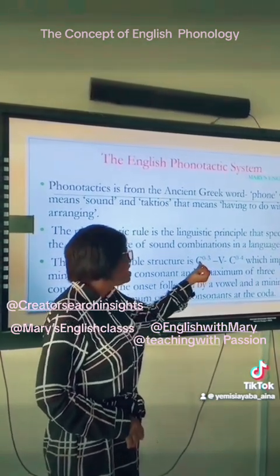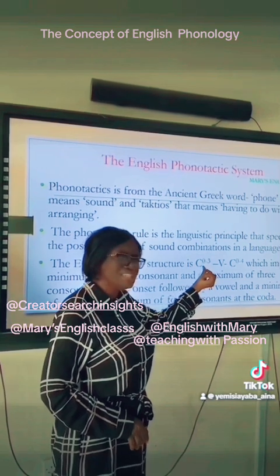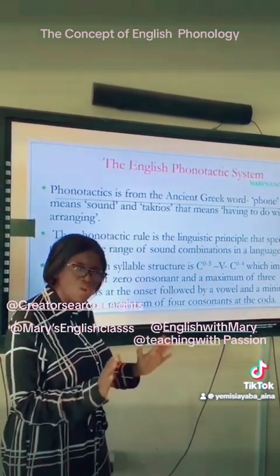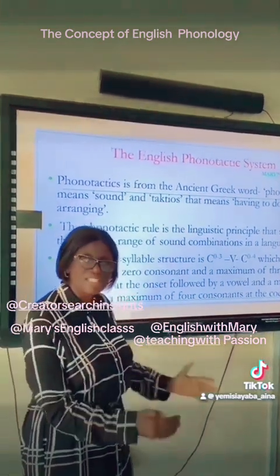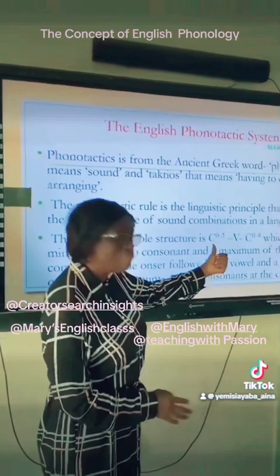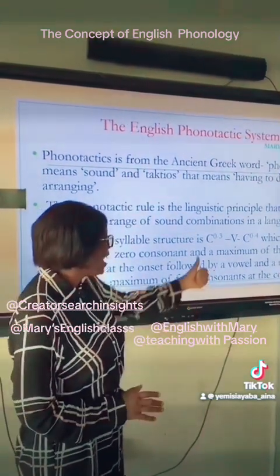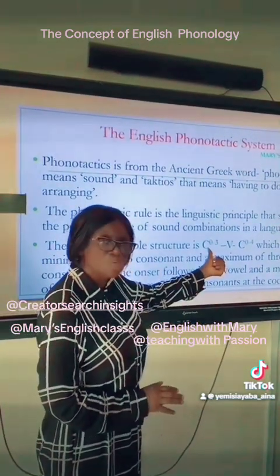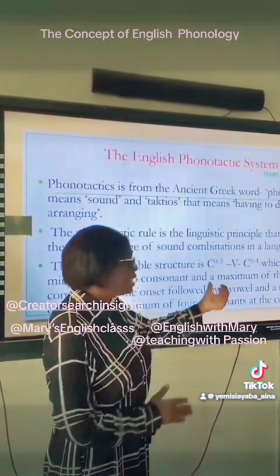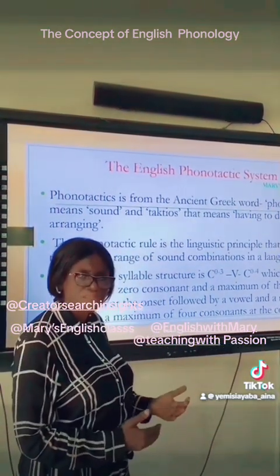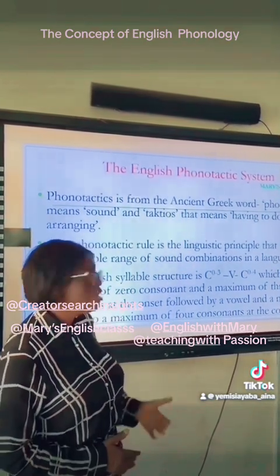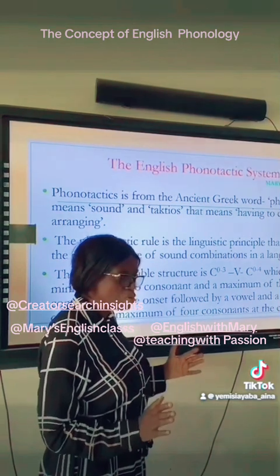C, which stands for consonant, raised to power 0 means no consonant at all at the onset. Onset means the initial position. So we may not have a consonant at the initial position of a syllable, like in the word if, it, if. So, no consonant at all.